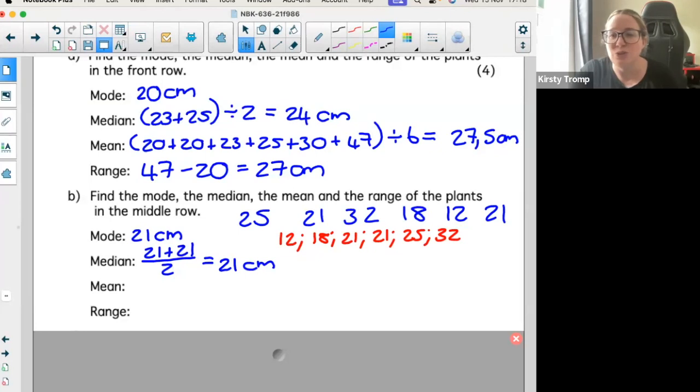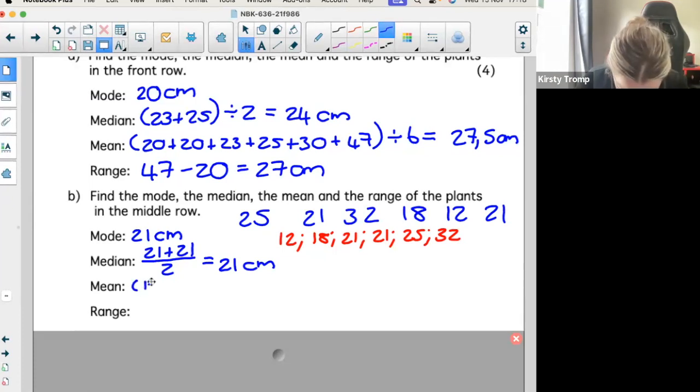So let's go to Owetu. Hi, Owetu. How are you? I'm good. Owetu, how do I find the mean? What do you do to get the mean? You take all the numbers and add them, and you divide by how many numbers there are.